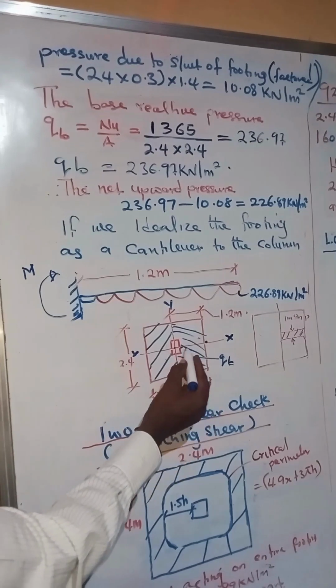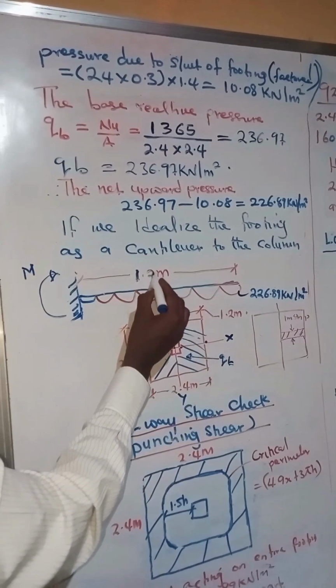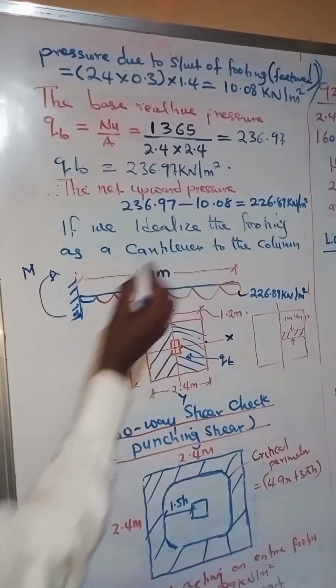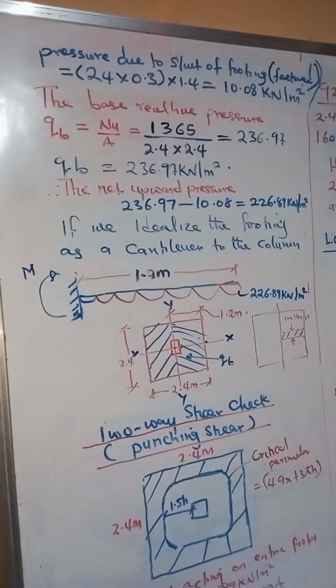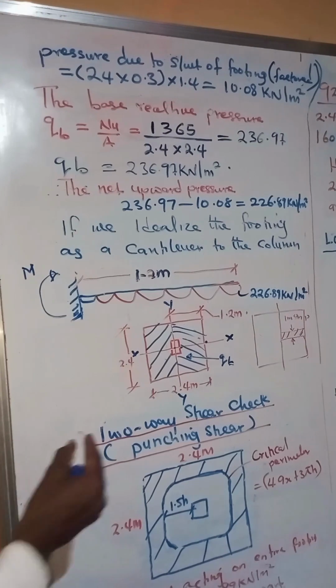If we divide this into 2, we'll have 1.2 meter as the length of that cantilever. So this is the cantilever we are going to use to solve for moment. And we can also check the value for shear. All right. So the next stage we want to do is to check for punching.